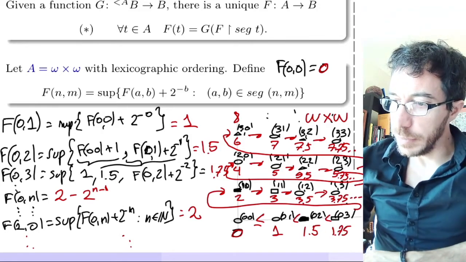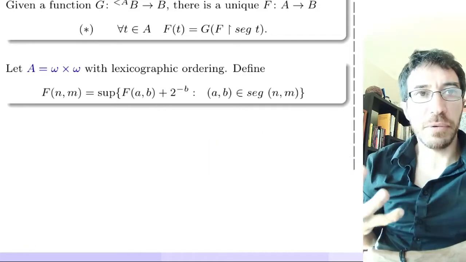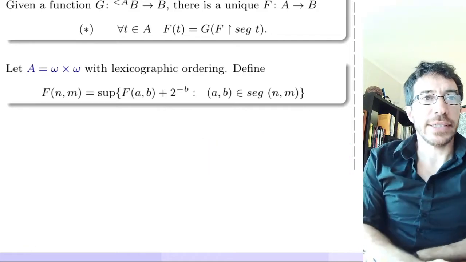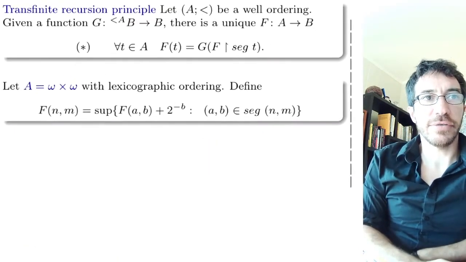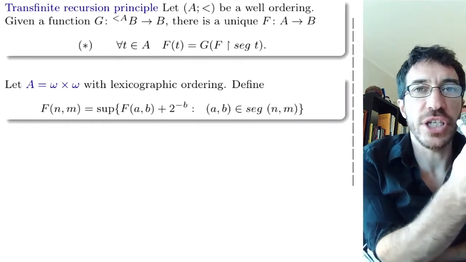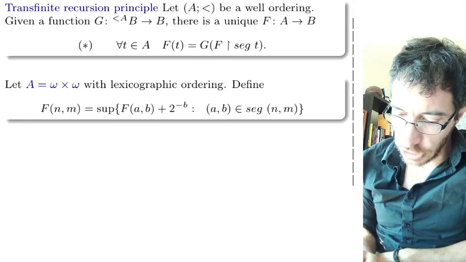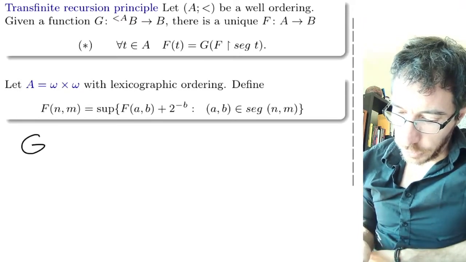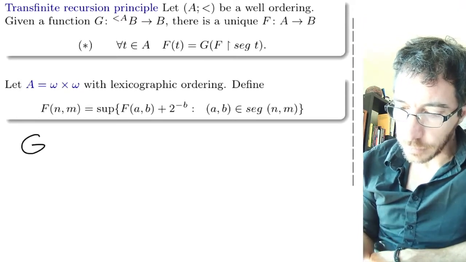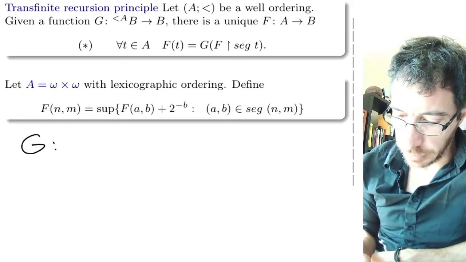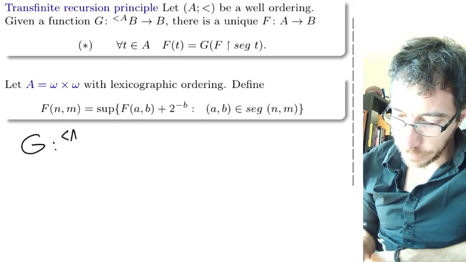Let's work a little bit more with this example. How can we write this example in the setting of the Transfinite Recursion Principle? So what is G up here? I claim that G is this function. G is supposed to go from functions from initial segments of A into the reals, to the reals, right?